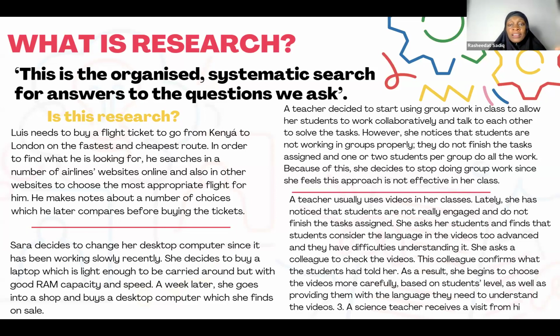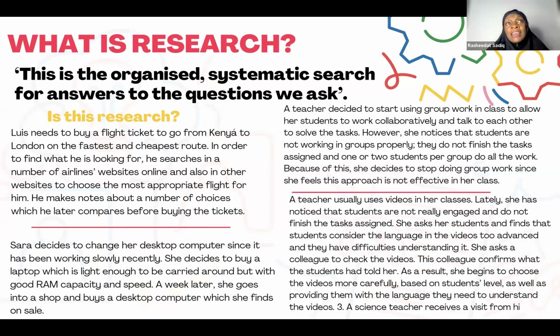So the first teacher noticed something, but she didn't bother to investigate. She didn't tell us how long she had been noticing it for. Was it on just that one day? Was it always? She didn't bother to find out why. Was it a problem with the grouping? There could be so many reasons for what she noticed.